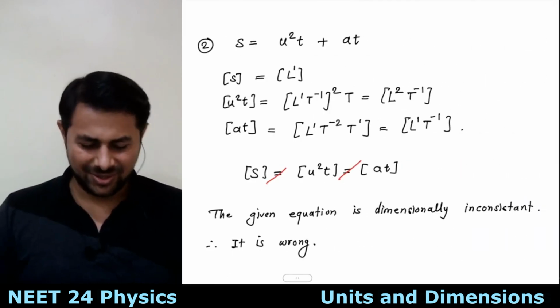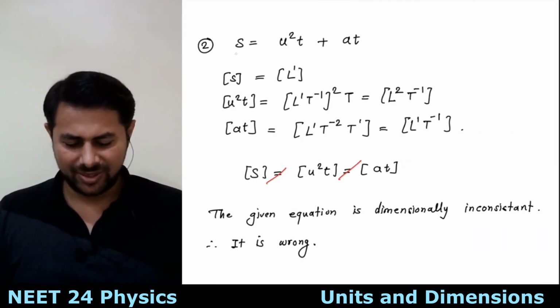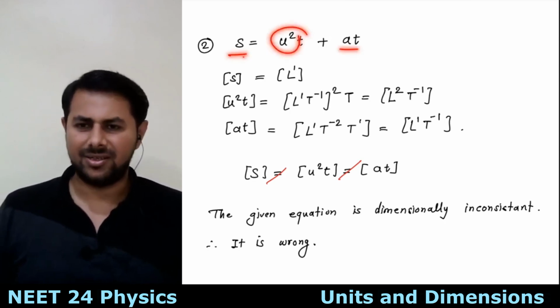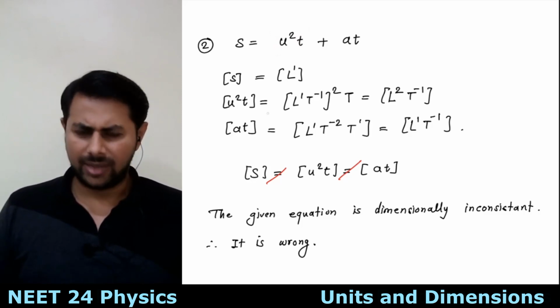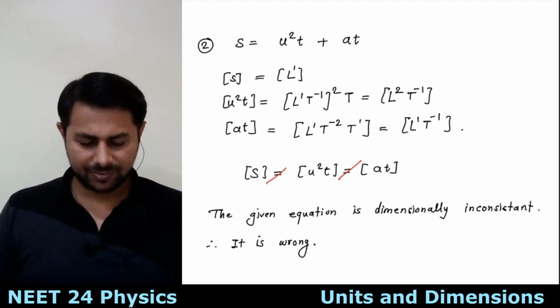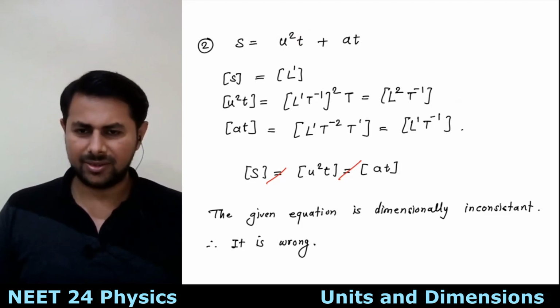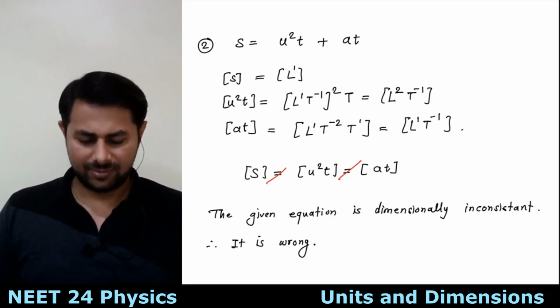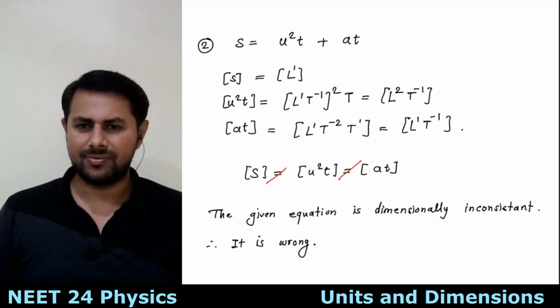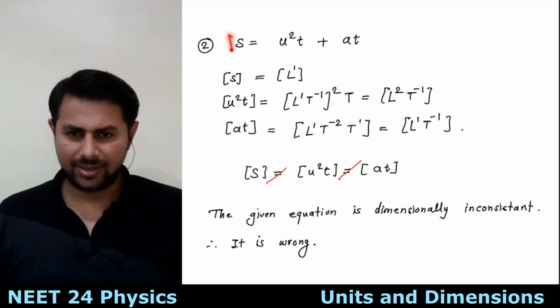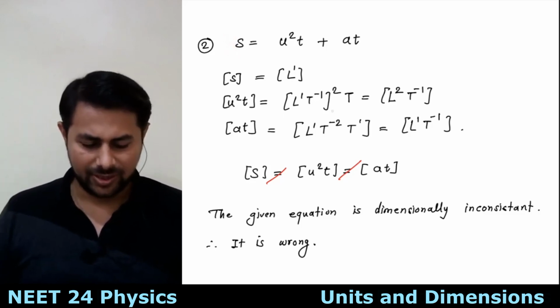All right, let's move on to the next one. Now s is equal to u square t plus at. Of course this will not be correct, and we can check it using dimensions. So I can skip this part. Shall I skip this? We just want to check whether it's correct or not. Yes, we can skip this one.